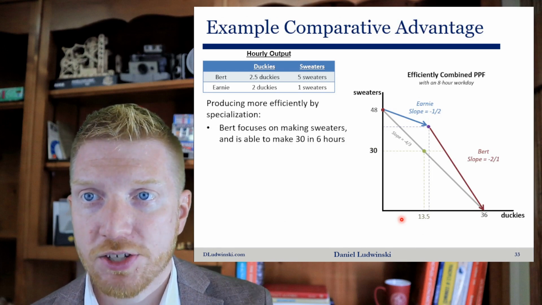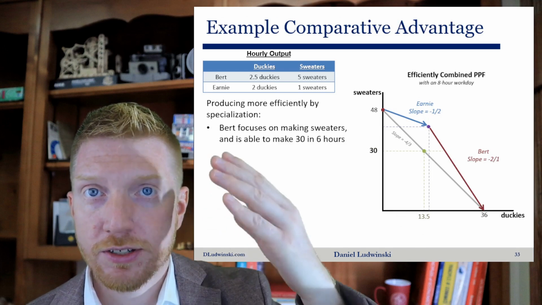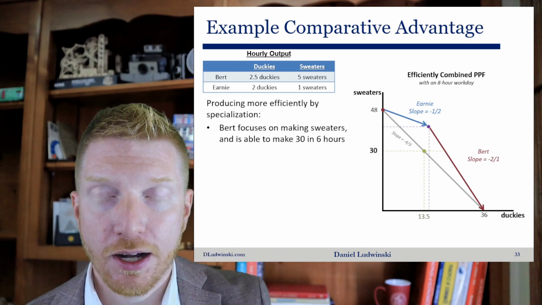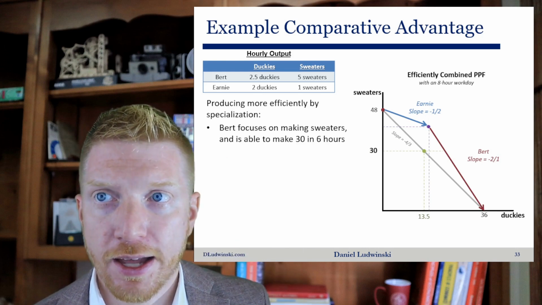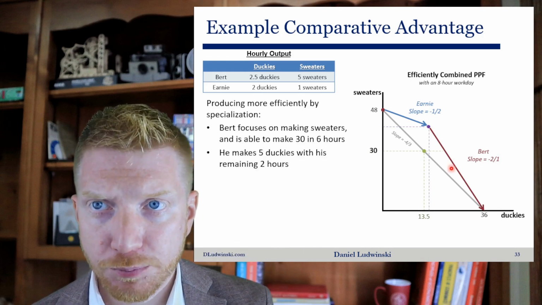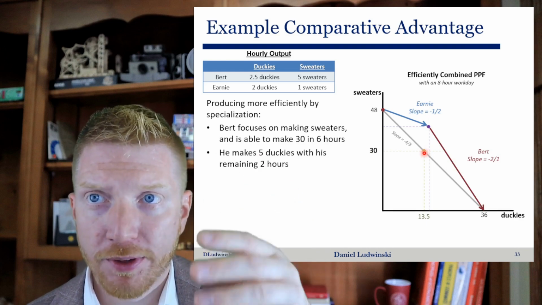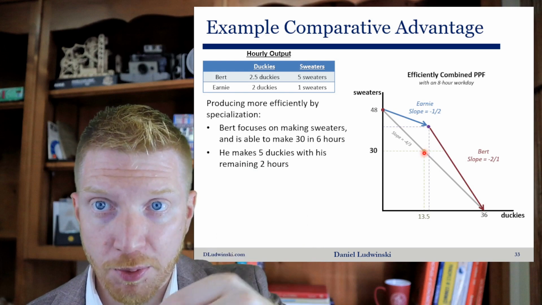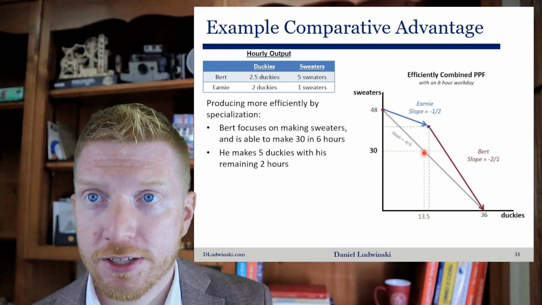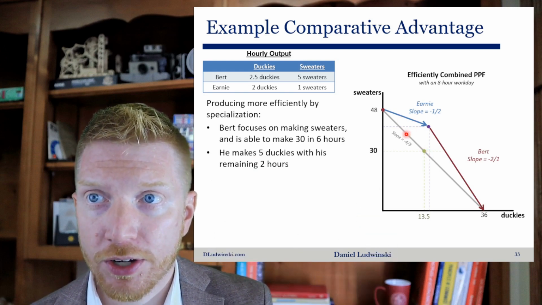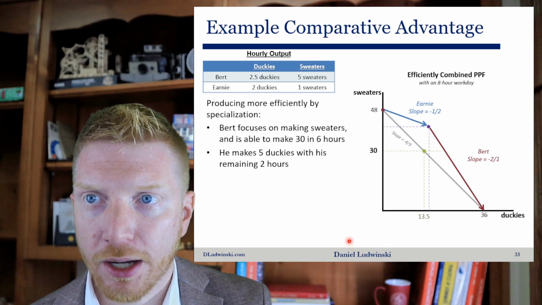Now, to emphasize what this has done versus our naive combination: before, when we were making these 30 sweaters, we were having both of them give up sweater production to make duckies. But now we're first having Ernie do it, and then having Bert.